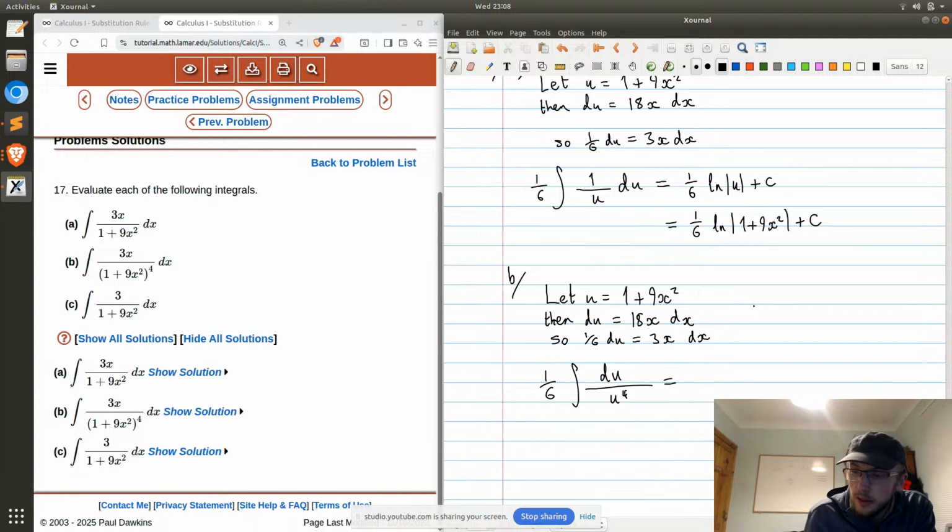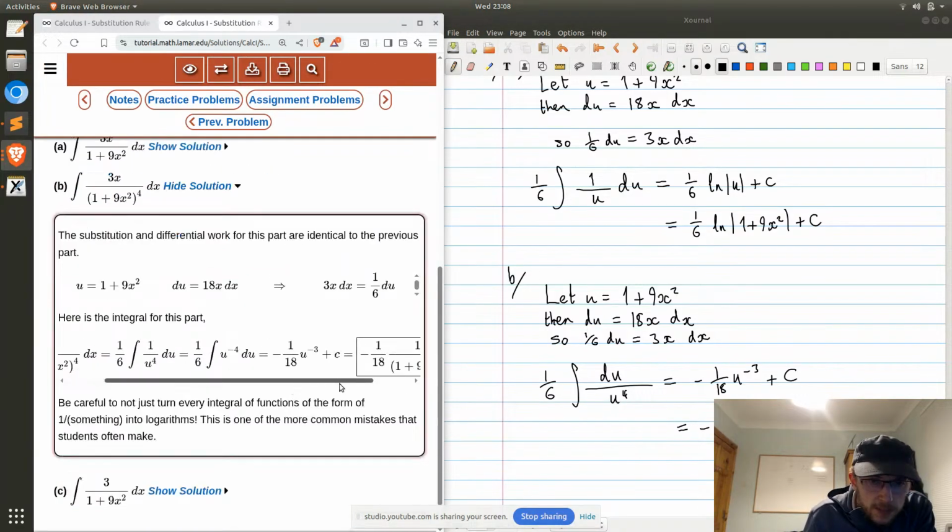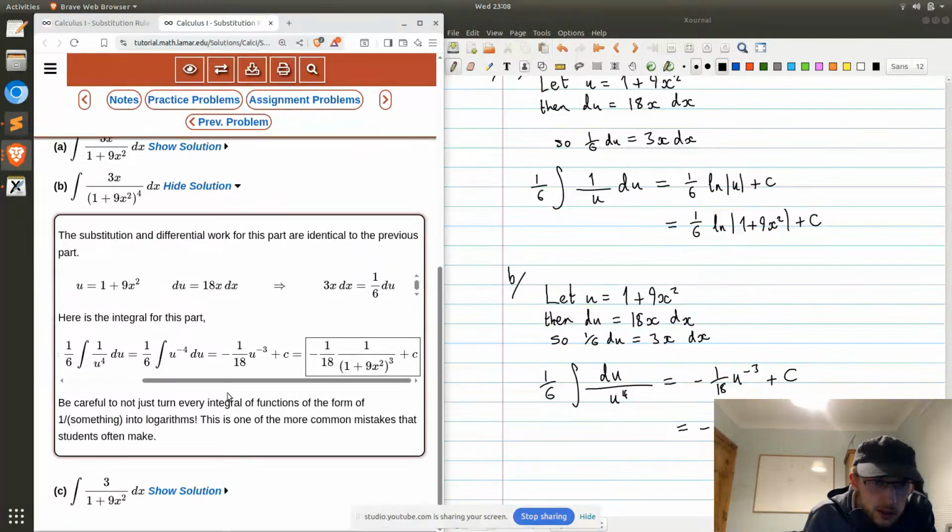So u to the -3, but divide through by that -3, and it becomes -1/18 of u to the -3 plus c, which is -1/18, open brackets, 1 plus 9x squared, close brackets, to the -3 plus c. And check. And that's correct.